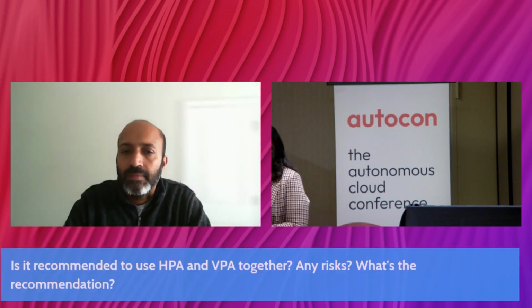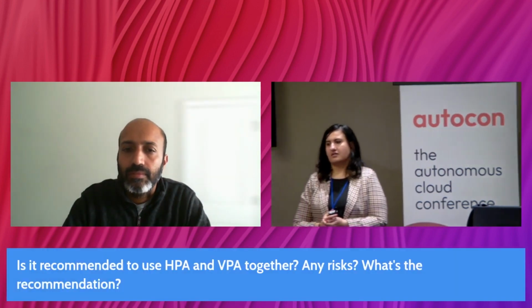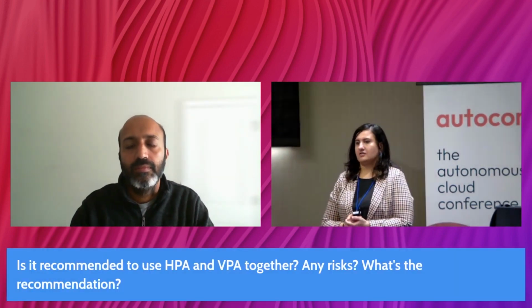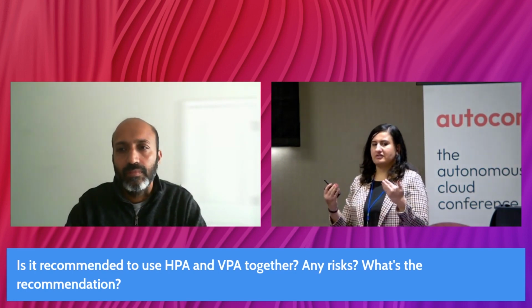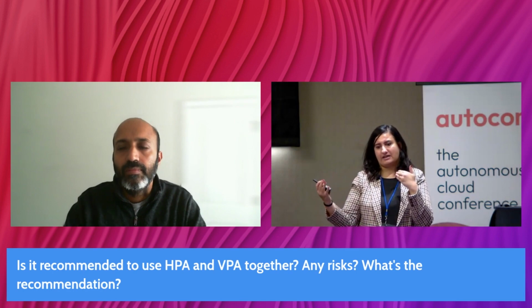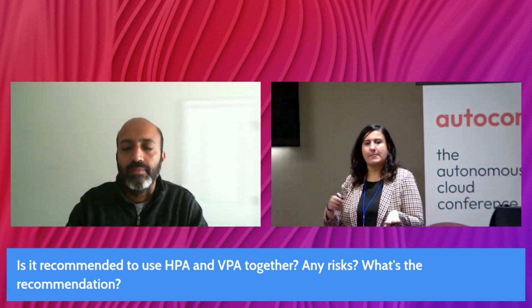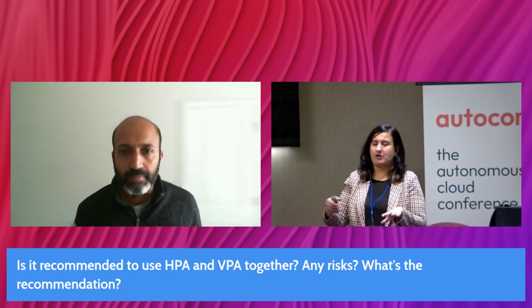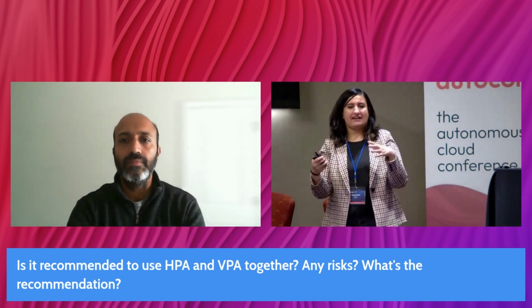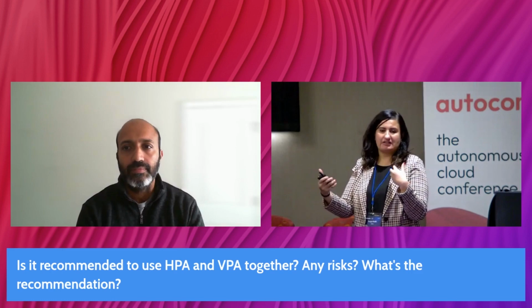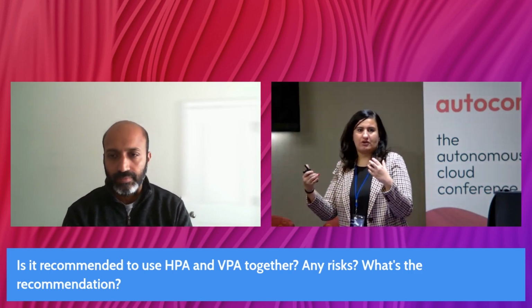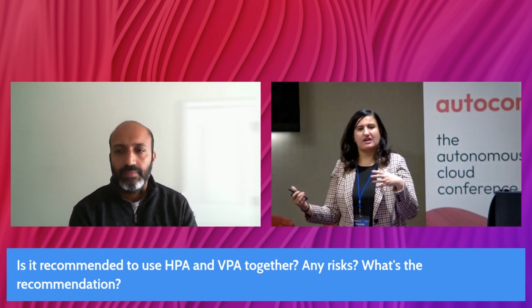The first question was, is it recommended to use HPA and VPA together? Any risks? What's the recommendation? It's not recommended to use HPA and VPA together, because it's very much possible that you configure your HPA on CPU and VPA on memory, and your memory is not being used while CPU is being used.